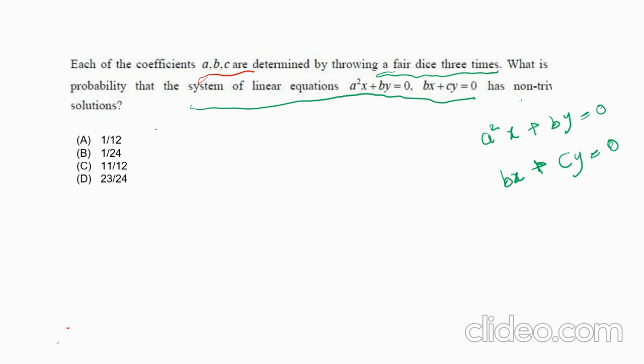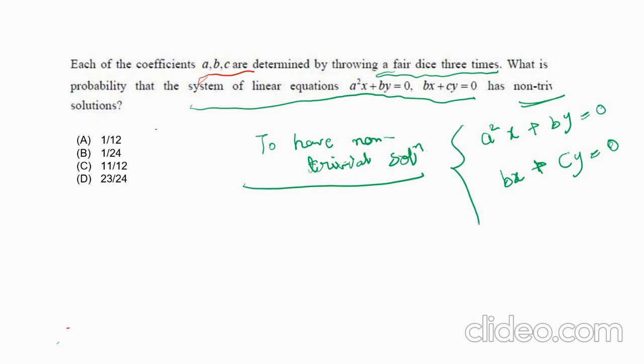Now, what is the condition for these equations to have a non-trivial solution? If I denote the determinant of the matrix a square, b, b and c, what is the condition to have a non-trivial solution?